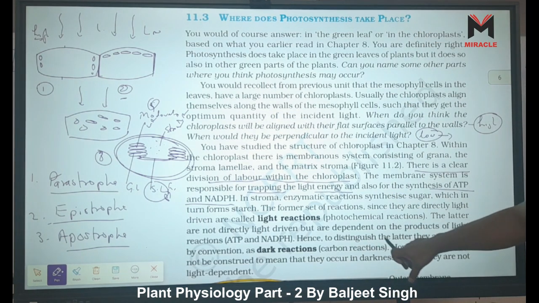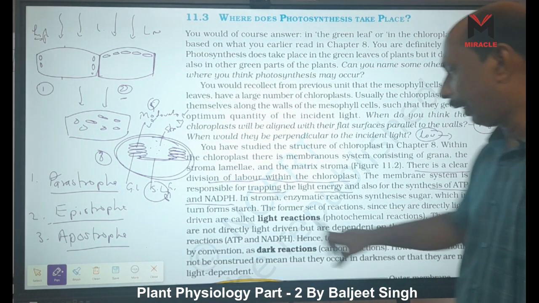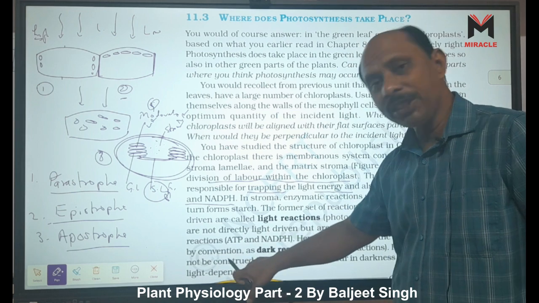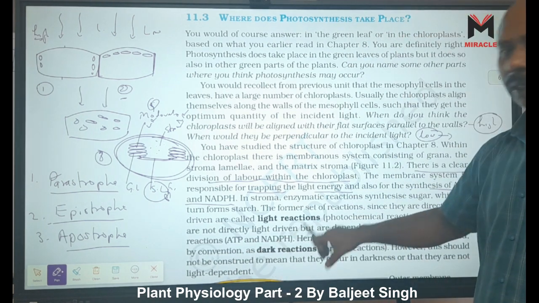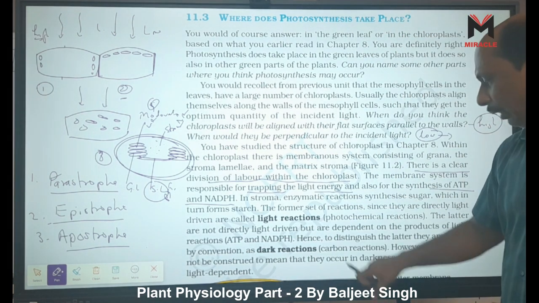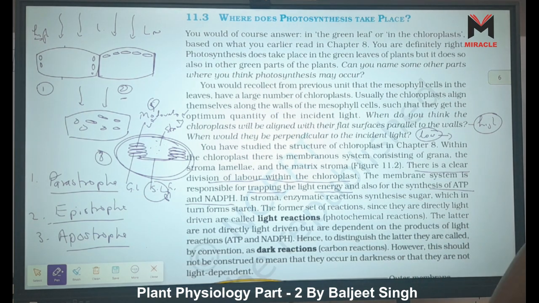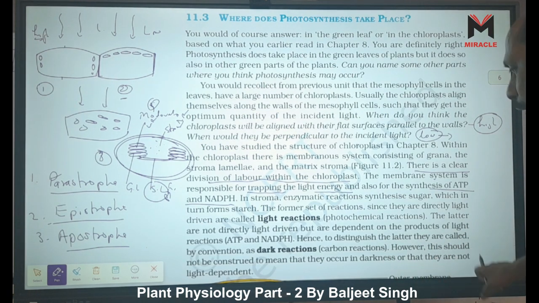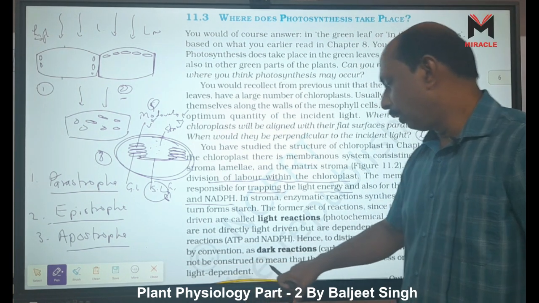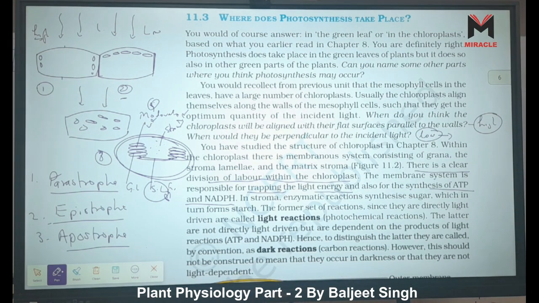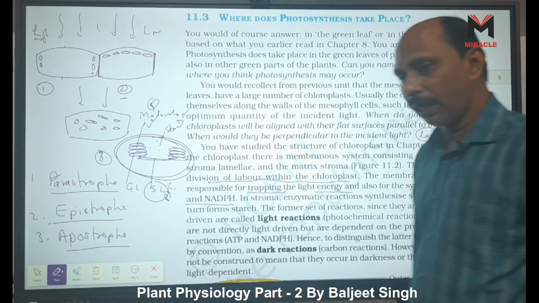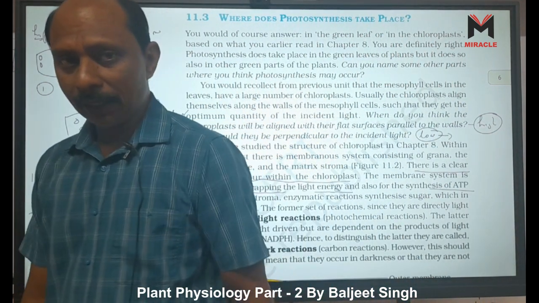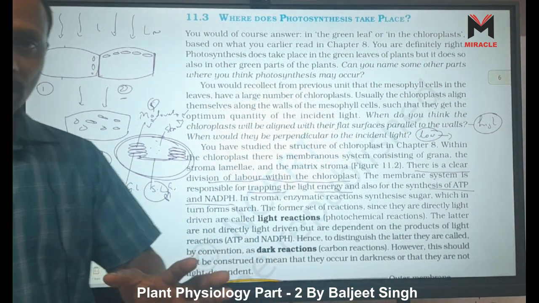Hence, to distinguish the latter, by convention they are called the dark reaction, or second, the carbon reaction, because these are carbon fixation steps. However, this should not be construed to mean that they occur in darkness. They are not dependent on dark or light.